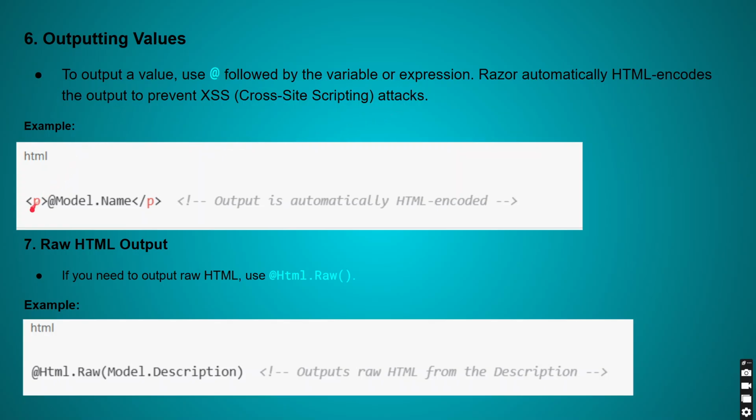Example, we have a p tag with @Model.Name, and the output is automatically HTML encoded. Raw HTML output: if you need to output raw HTML, use Html.Raw. See, you can use @Html.Raw(Model.Description) to output raw HTML from the description.